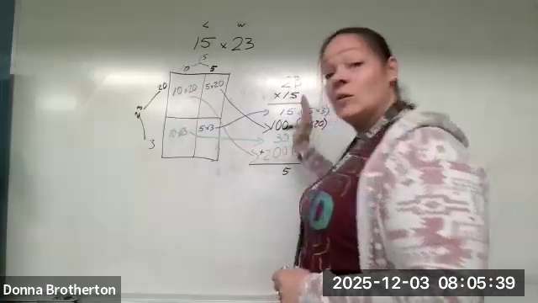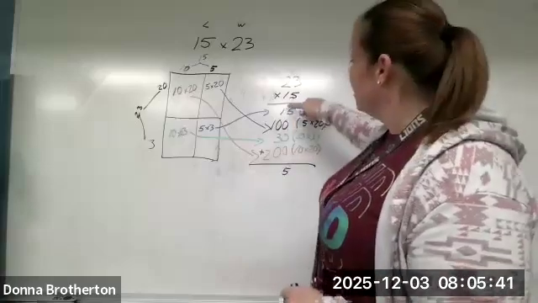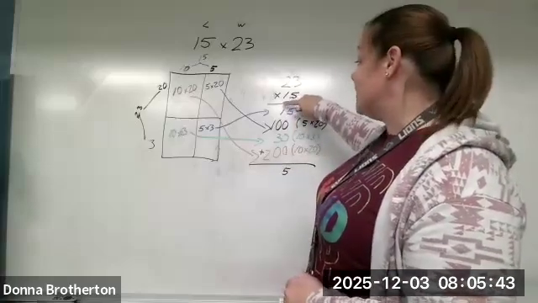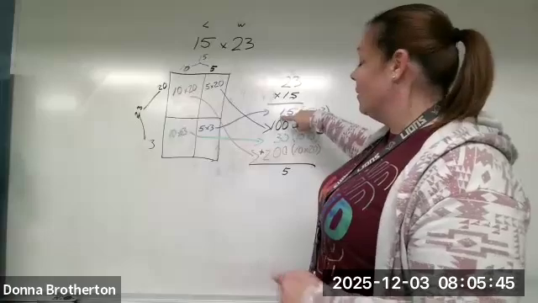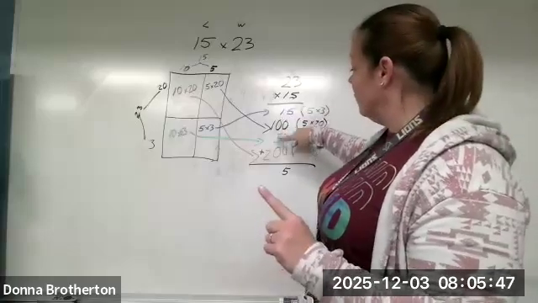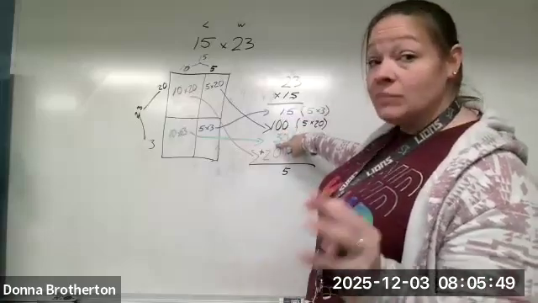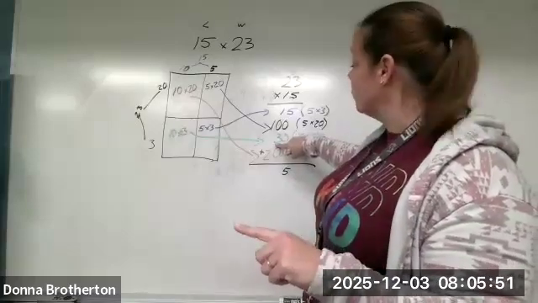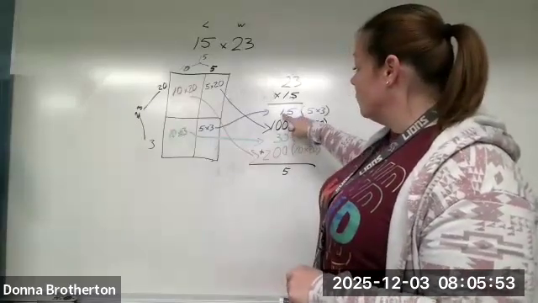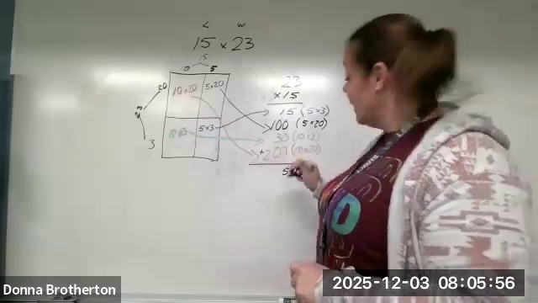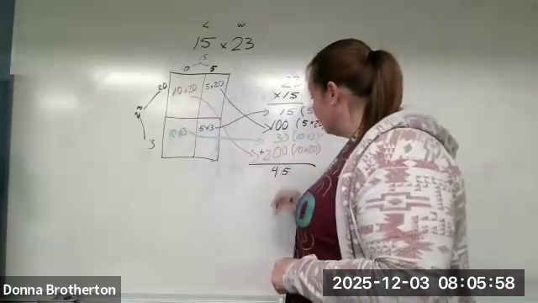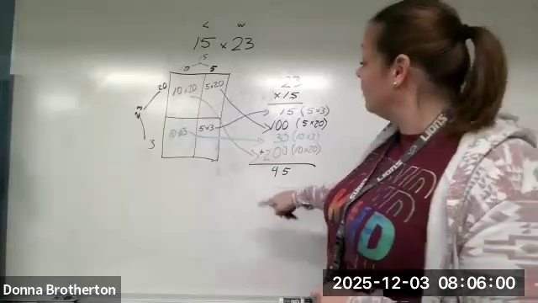So the 5 stays in the ones place value. Let's move to our tens place value. So we have a 10, a 0, a 30. Remember, the 3 stands for the tens place value, so 30 plus a 0. So 10 plus 30 is 40. So we added our 4 at the bottom.